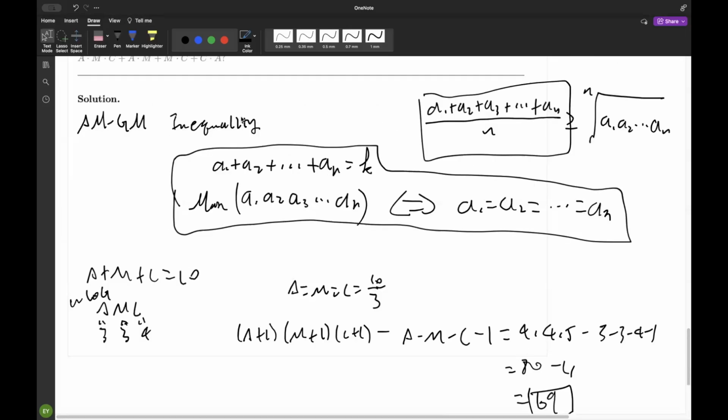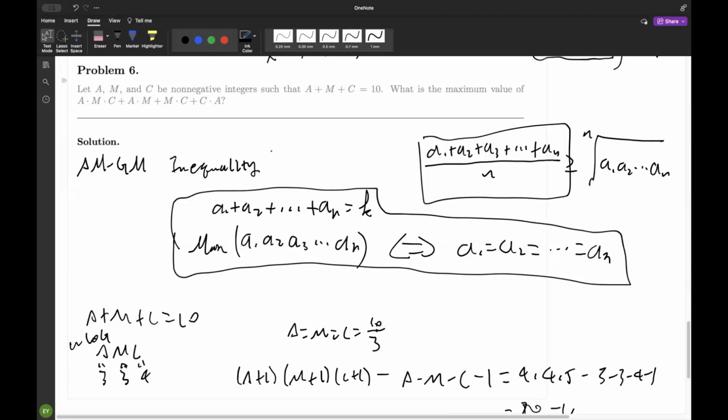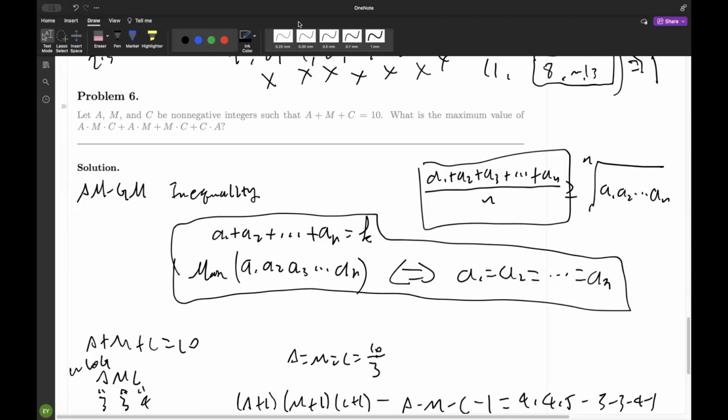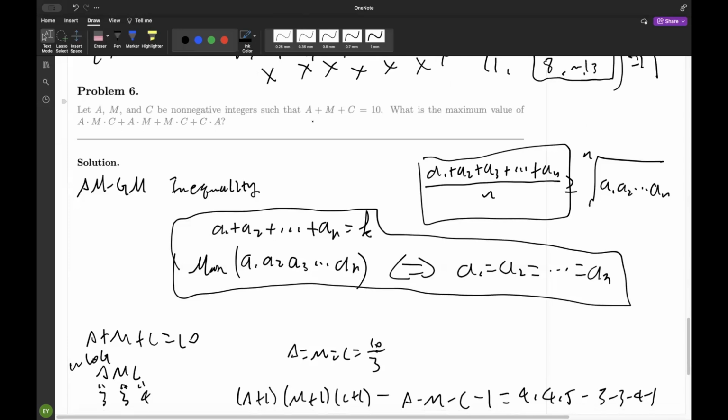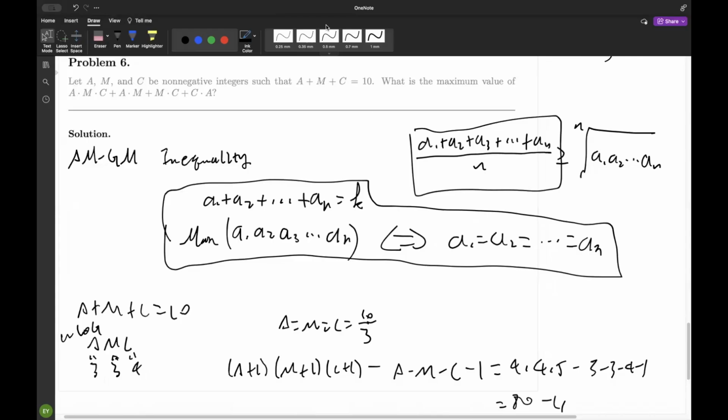To be honest, this problem was a hard problem. It was AMC 10 problem 20. It's a really hard problem, so that's why I brought it, and it's totally fine if you guys couldn't understand this. But if you couldn't, please review this part.